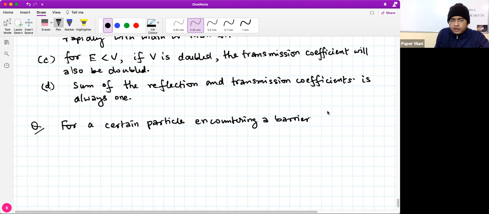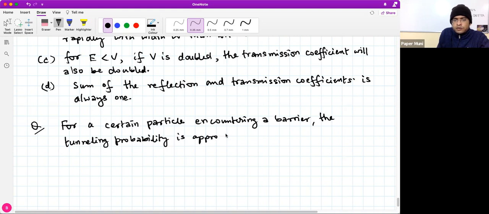the tunneling probability is approximately e to power minus 10.